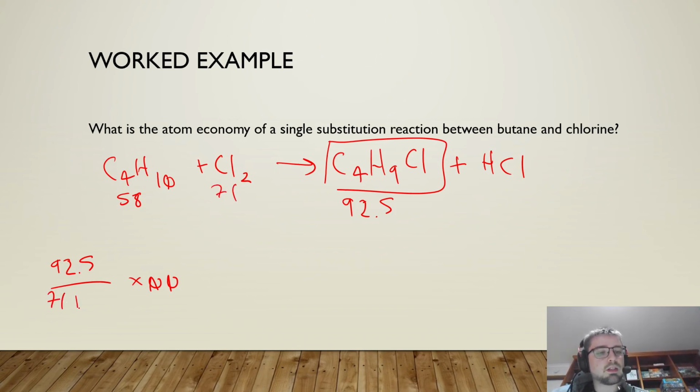So we'll end up with 71 plus 58 over here. Put that all together, 92.5 divided by 71 plus 58, multiplied by 100, and we get 71.7% atom economy.